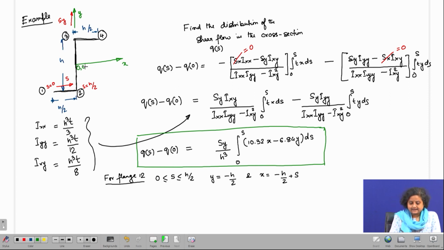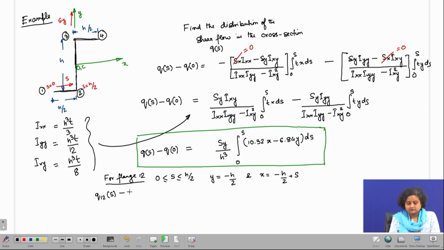Now, we can say that Q12, which will be a function of s of course, but I have put the subscript 1 2 to denote that we are finding the shear flow only in the flange 1 2.